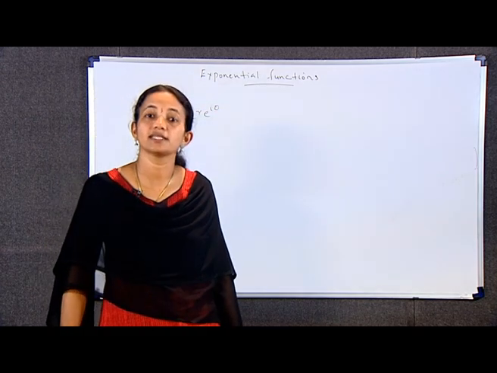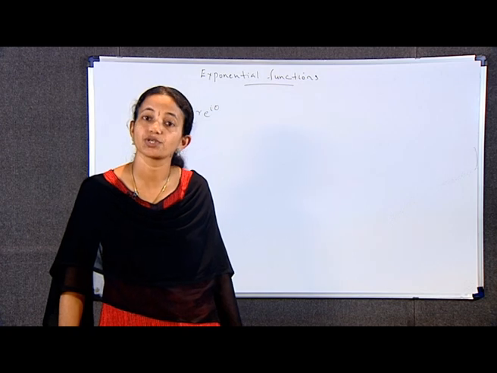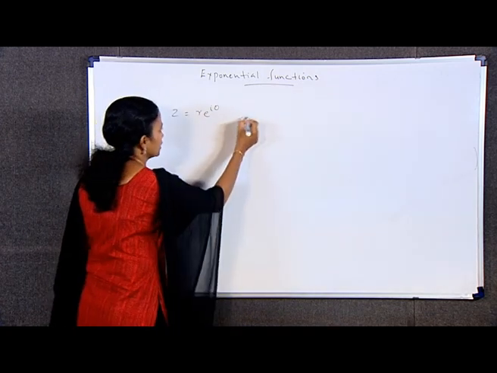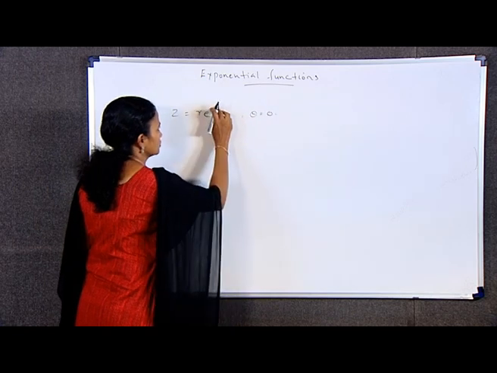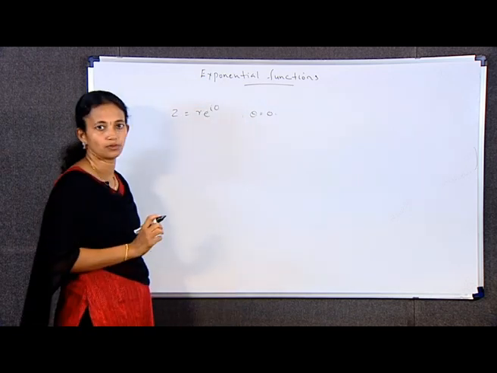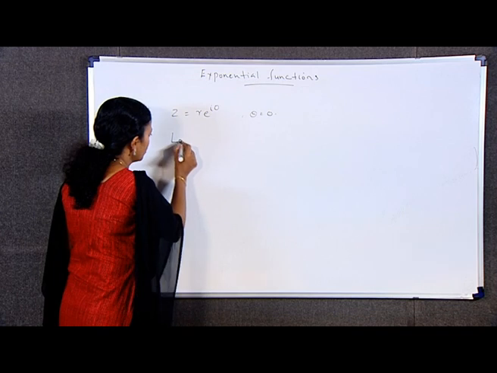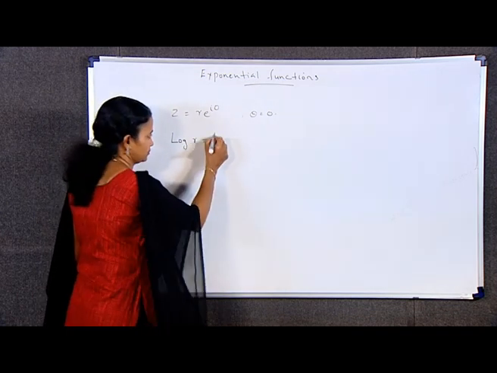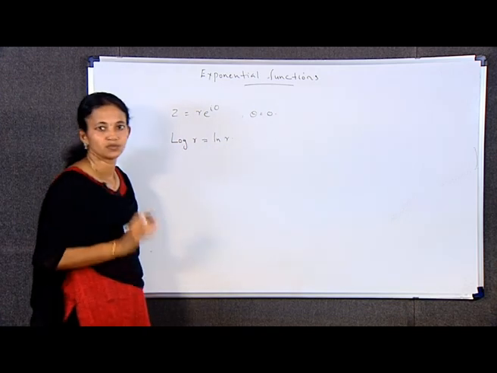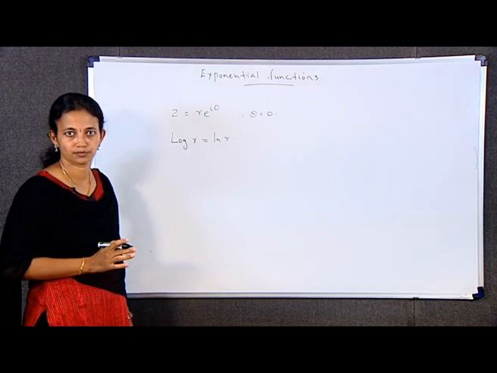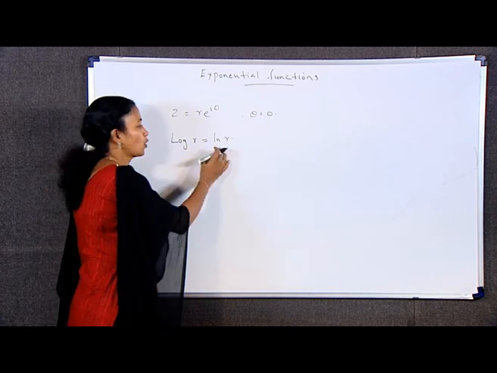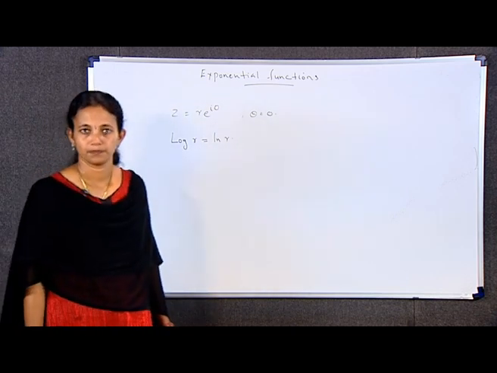Then, with theta equal to 0, equation number 4 gives log r is equal to ln r. So, this is the proof. That is, theta is equal to 0, and our equation number 4 reduces to log r is equal to ln r.